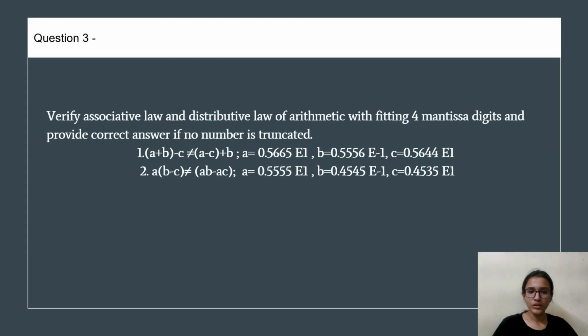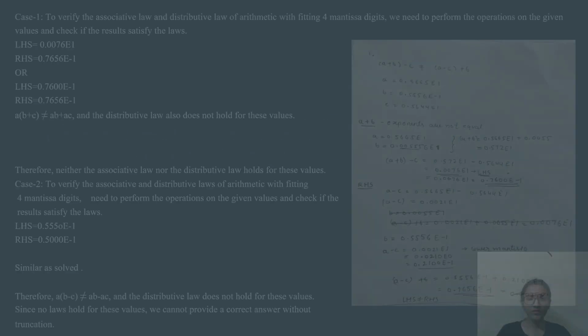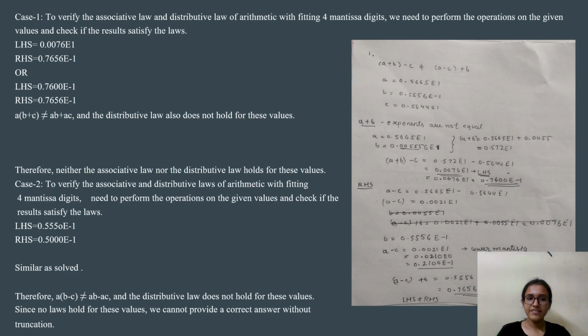We have to verify the given expressions, that is, the associative and distributive laws for the given values with four mantissa digits, and we have to write the results accordingly. We will verify by substituting the given values in the expression.